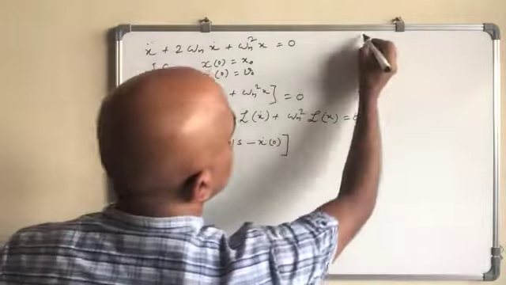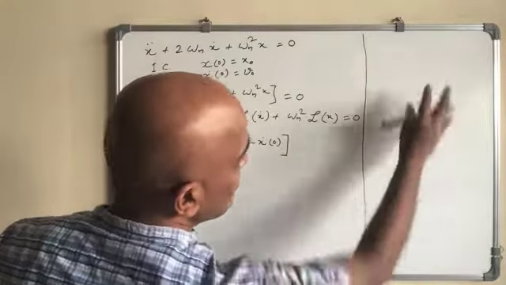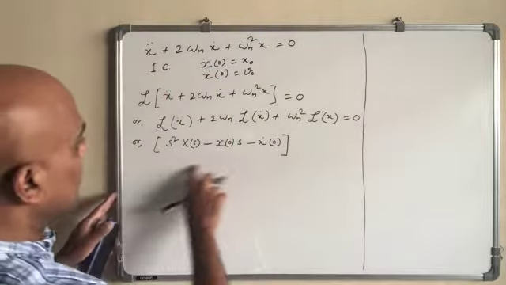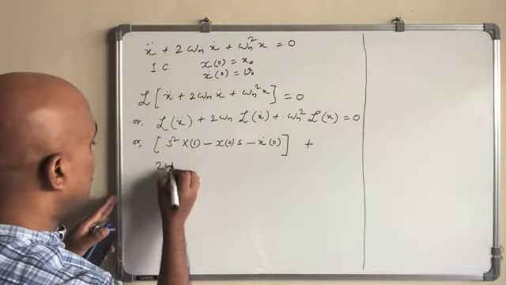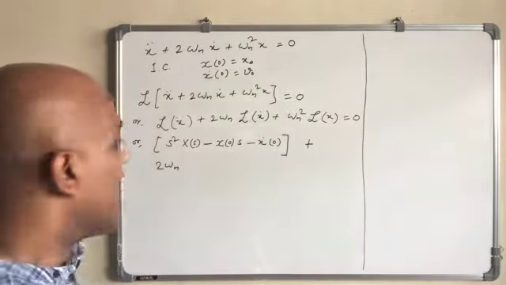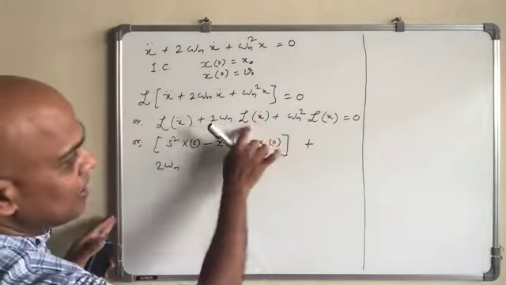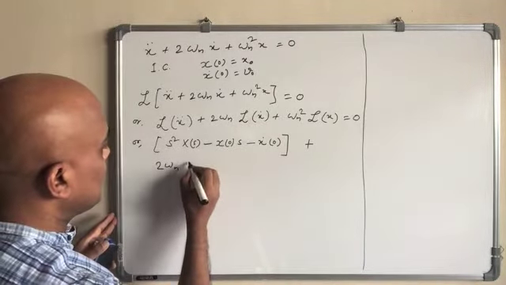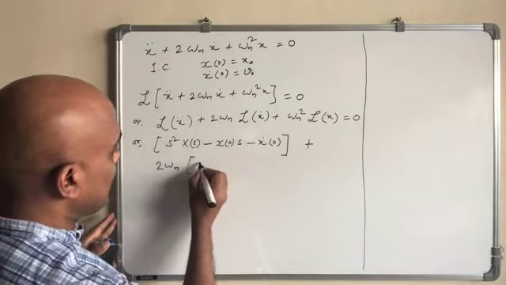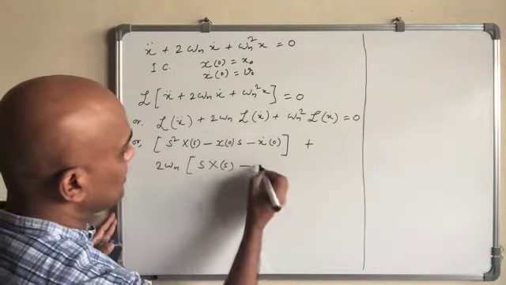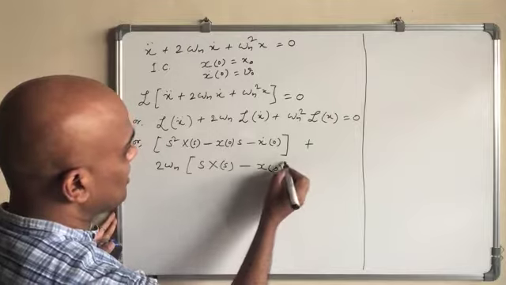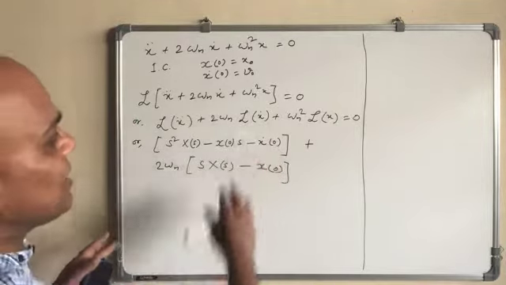Let's divide it like this, and use this space as well. Then we have 2 omega n, and the Laplace transform of x dot is s X(s) minus x0. Again, all these things are standard.